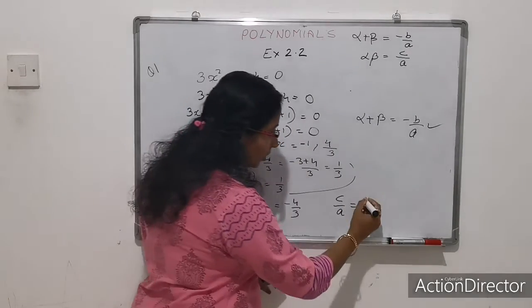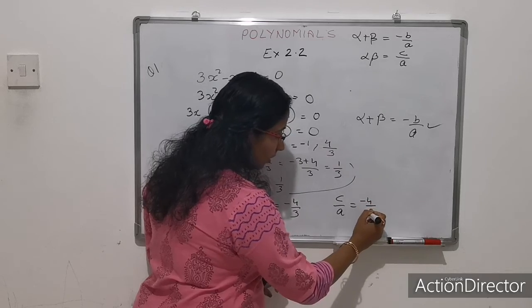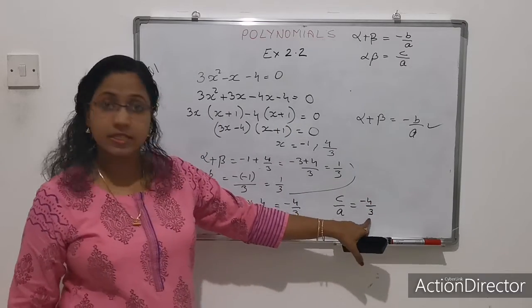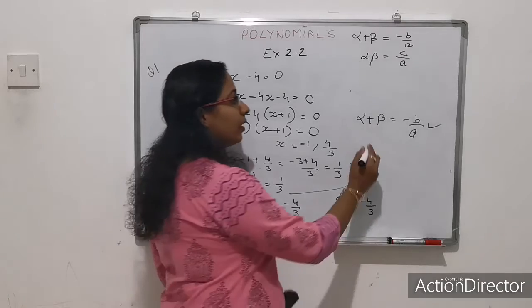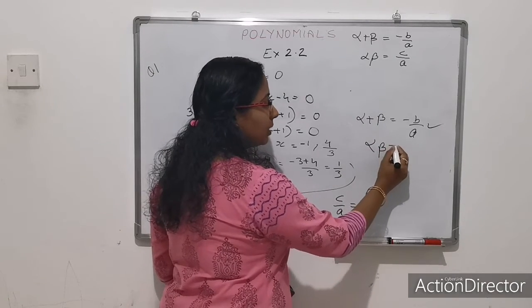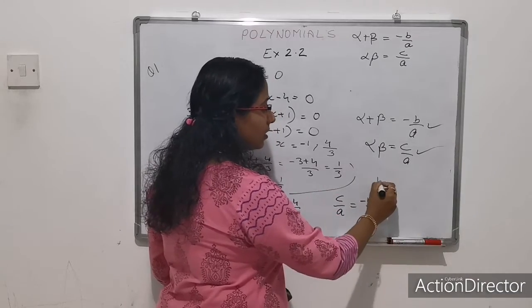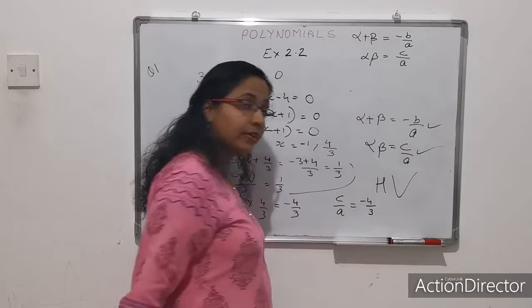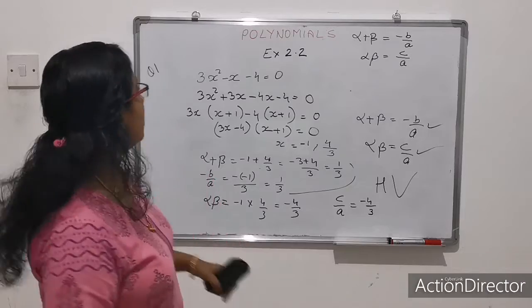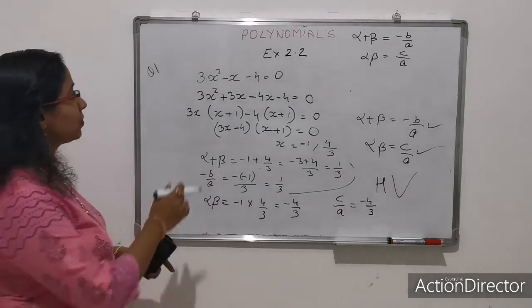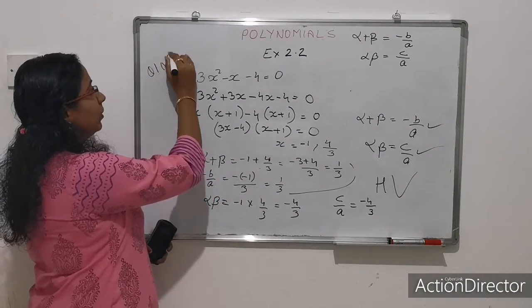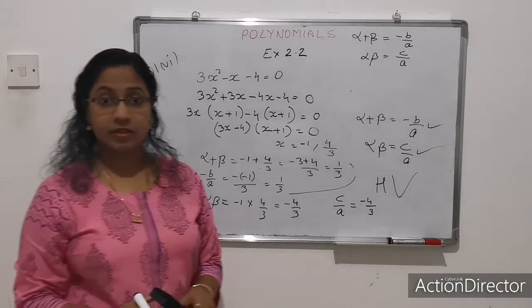C is minus 4. A is 3. So this and this is same. So we can write alpha beta is equal to c by a. Check, and hence verified. Clear? So this was what? Sixth part. Okay? Sixth part.